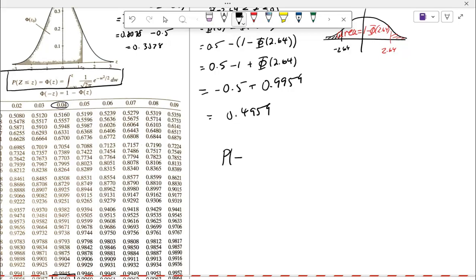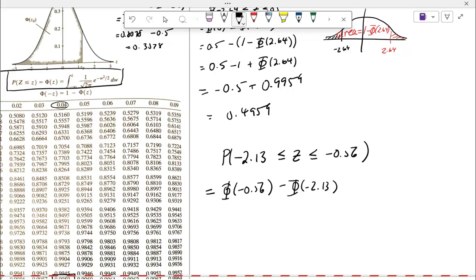Negative 2.13 less than or equal to z less than or equal to negative 0.56. Using cumulative distribution function, how would we rewrite it? Yep, exactly.